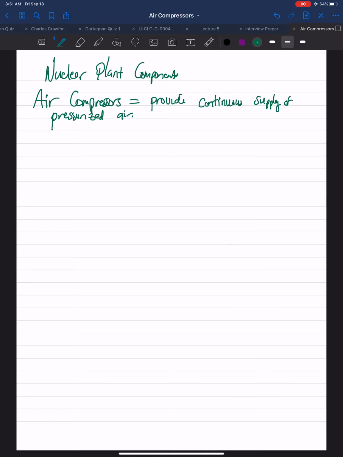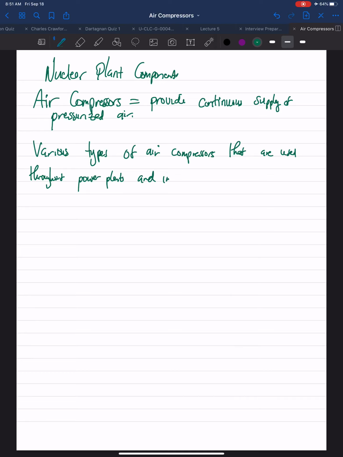So there are various types of air compressors that are used throughout power plants and industrial settings.